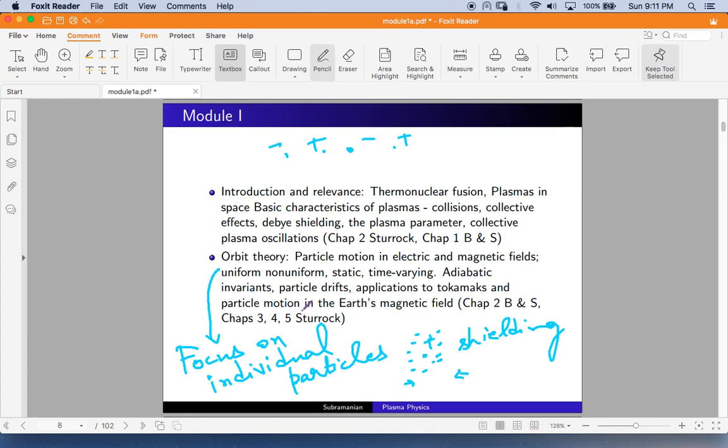I pick and choose what I consider to be the key elements, and that's what I will be presenting in these lectures. And it's up to you to follow these lectures and then go back to the book and read the rest of it, and that will give you a feel for how much more there is.